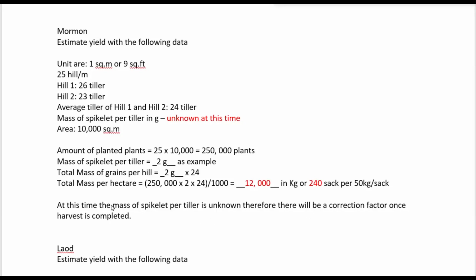So at the moment, total mass per hectare is proportional to this equation. There will be some K or constant which will be determined once we know the mass of spikelet and the total yield.